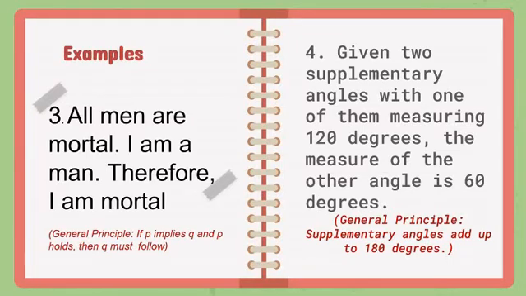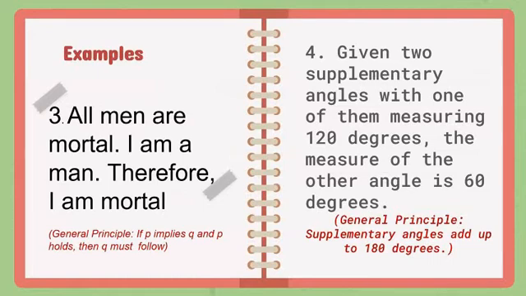Unlike if you are in computer science, or a computer science major, then we have to be very specific here. Okay, itong another example for deductive reasoning. Yung assumption nyo is the sum of supplementary angles is equal to 180 degrees. Now, given two supplementary angles with one of them measuring 120 degrees, angle A is 120.